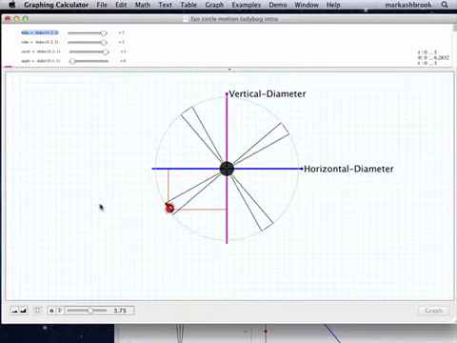Okay, and then what about the output of cosine? What would the output of cosine be? The input's the angle swept counterclockwise from 3 o'clock. Output is? Horizontal distance from the vertical diameter.